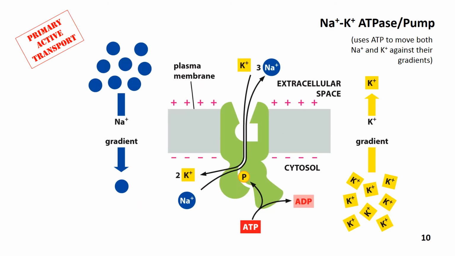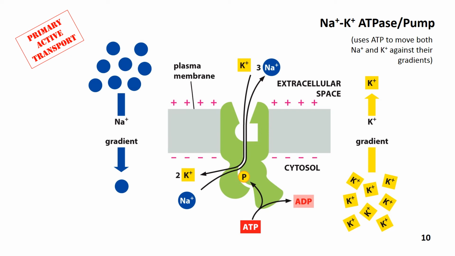The previous video also gave two examples, one of primary active transport and the second of secondary active transport. I do want to clarify that the sodium-potassium pump or the sodium-potassium ATPase is an example of primary active transport because ATP hydrolysis is used to move both sodium and potassium against their concentration gradients.